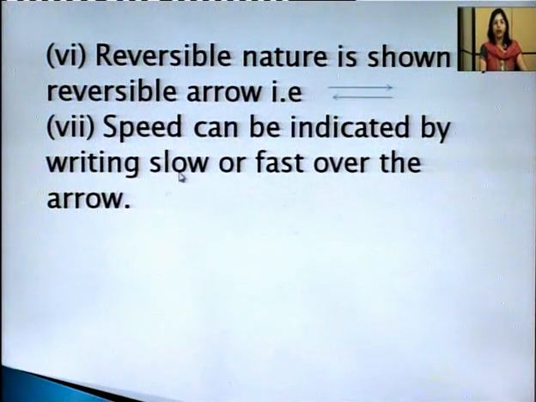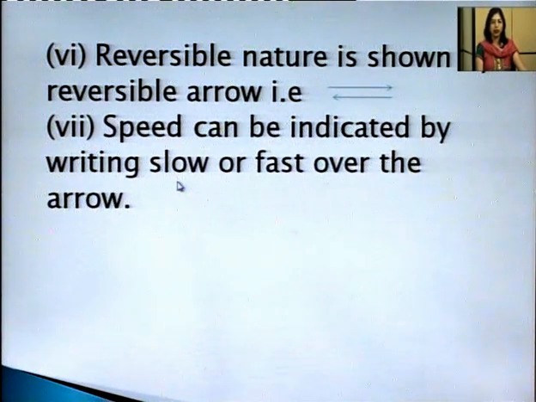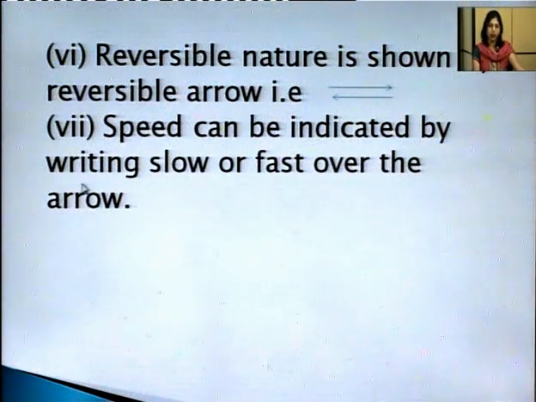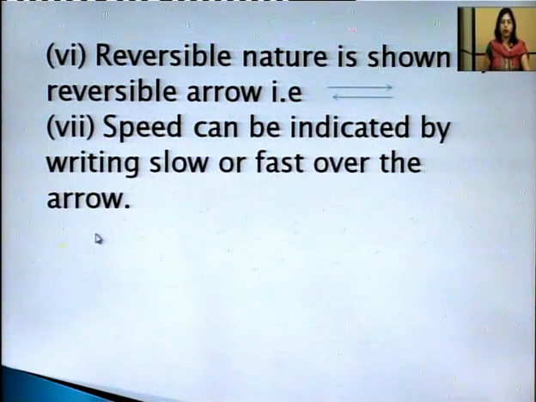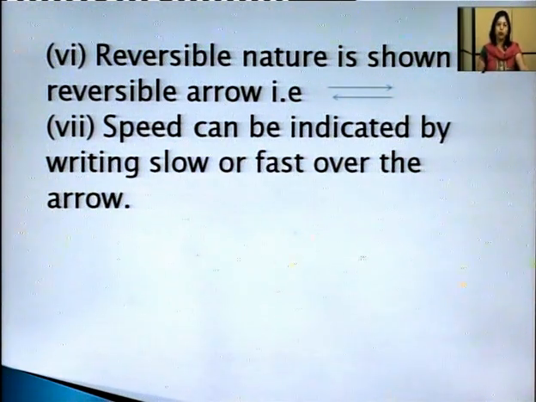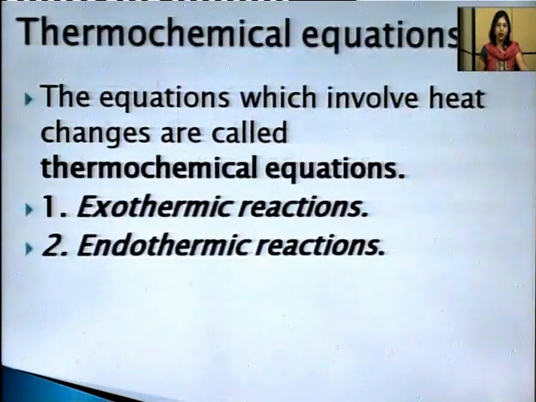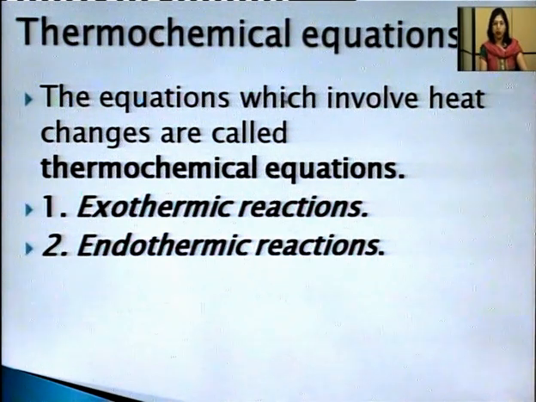If we write slow over the arrow, that means the reaction is slow, and if we write fast over the arrow, that means the reaction is fast. So, here we have discussed how we can remove these limitations and make an equation more informative. And in the last topic, let us discuss what thermochemical equations are.